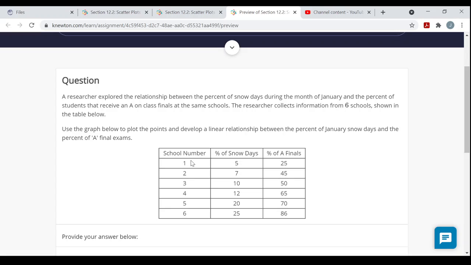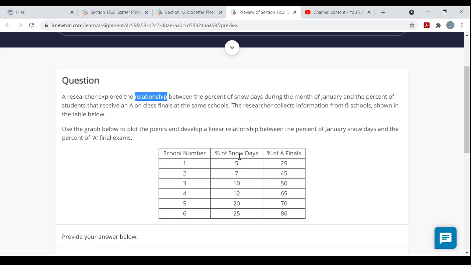Now this school number is just telling you how many ordered pairs there are. Because remember, the researcher is exploring the relationship between the percent of snow days during the month and the percent of students receiving an A. So the X and Y here are these two columns.